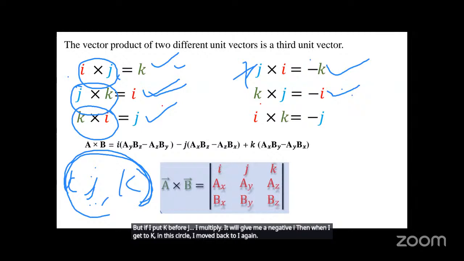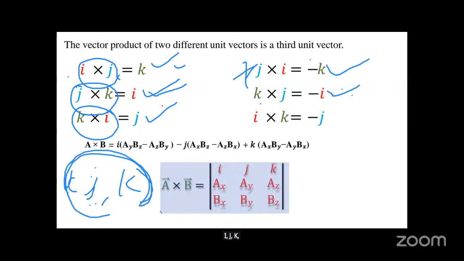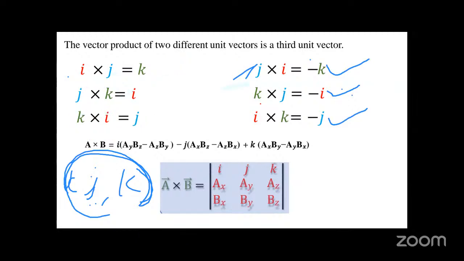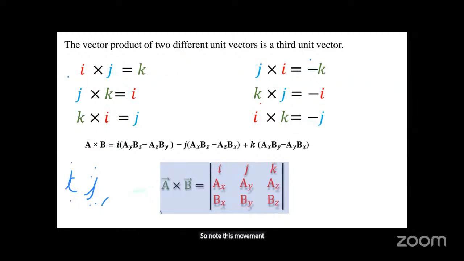I, J, K, I, J, K, I, J. That is the way it goes in that circle. So K times I gives me a J. If I put I times K, it will give me a minus J. So note this movement as well.